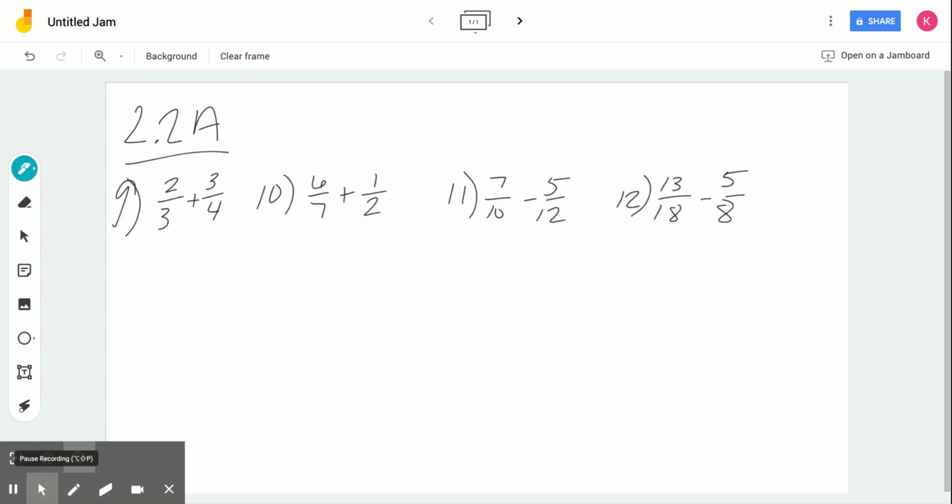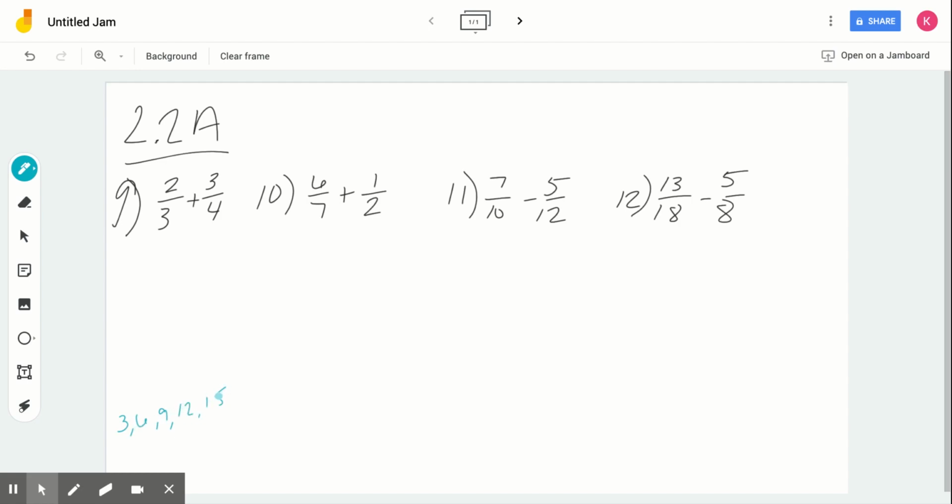Looking here at numbers 9 through 12, we need to start by finding the least common denominator, or least common multiple, of the denominators. So we need to find the least common multiple of 3 and 4. We can start by listing the multiples of each of those numbers. So 3, 6, 9, 12, 15.